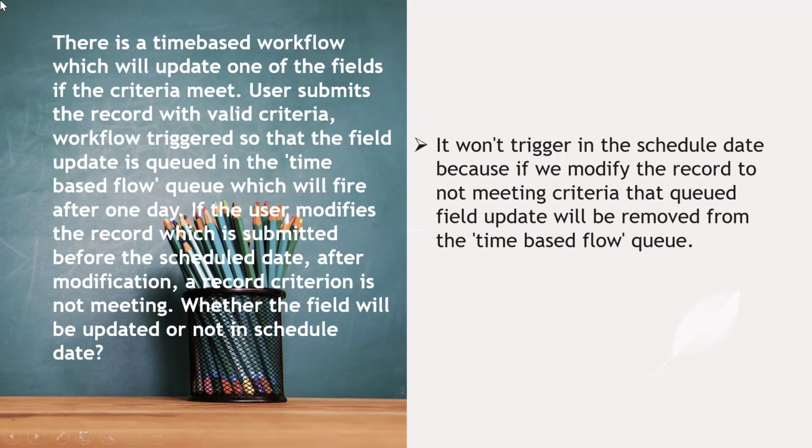See here, there is a time based workflow which will update one of the fields if the criteria is met. The user submits the record with valid criteria, meaning the same criteria we created in the workflow rule. The workflow is triggered, meaning it started, so the field update is queued in the time dependent flow.